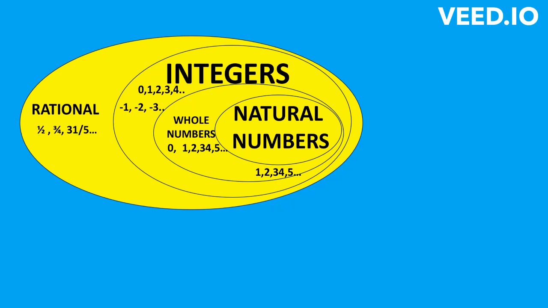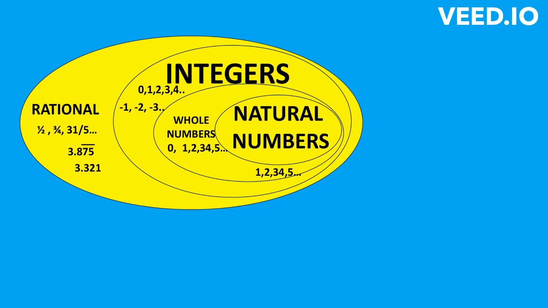We have a decimal here, which is a recurring decimal which repeats itself. We also have a decimal which is a terminating decimal, which means it has a finite number of decimal places. This is a terminating decimal. It stops at one point.